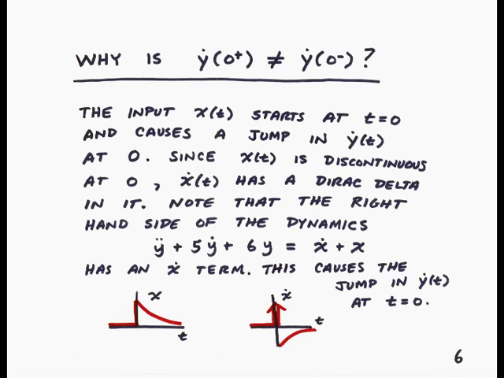One can show, by going through the exact math that we did before, that if the differential equation was y double dot plus 5y dot plus 6y equals x, you would not have a discontinuity in y dot between time 0 minus and time 0 plus. It's because the right-hand side is taking a derivative of the input signal, and because the input signal itself is discontinuous at time 0, that we find a discontinuity in y dot.